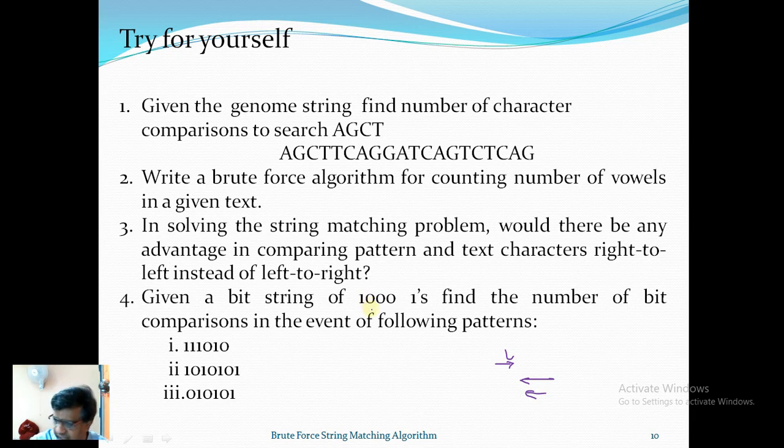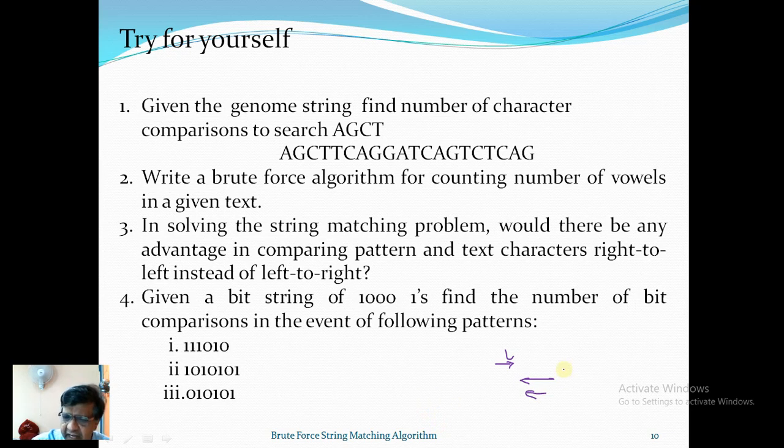The answer is emphatic yes. In other algorithms like Horspool's algorithm, Boyer-Moore's algorithm and Morris-Pratt algorithm, we will find the comparison happening from right to left instead of left to right, and these algorithms will provide a bigger jump for the pattern instead of a character by character sliding, as is provided in the brute force string matching algorithm.